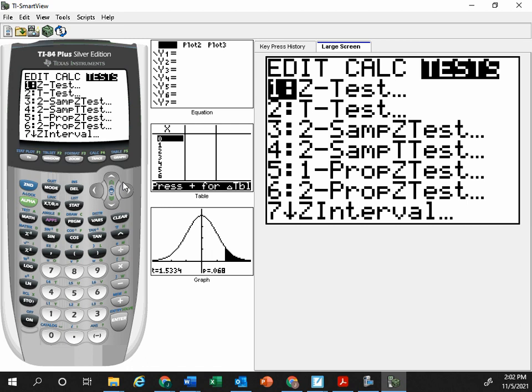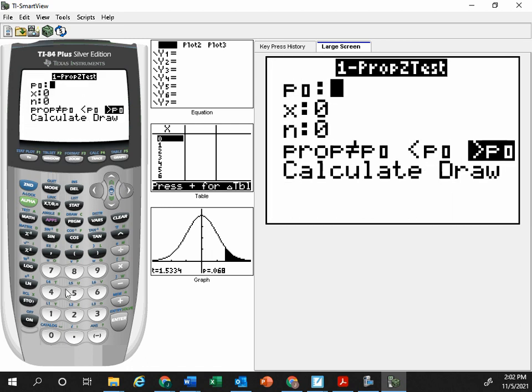Yeah, one proportion z-test. All right, so what is the true proportion being claimed? Basically, what's your null? That's the 0.65, right?